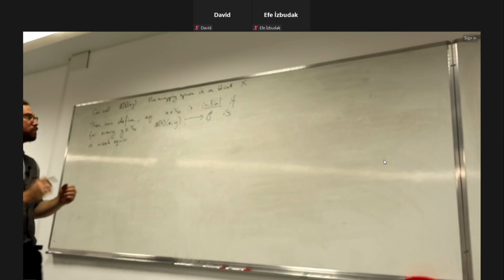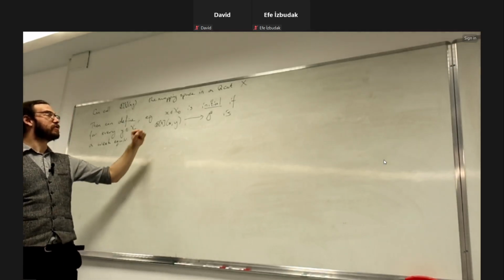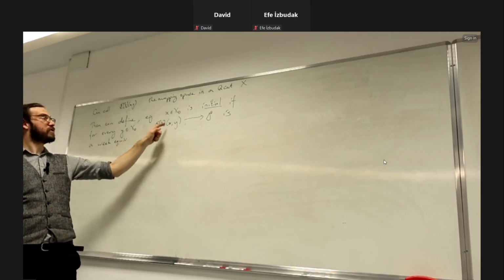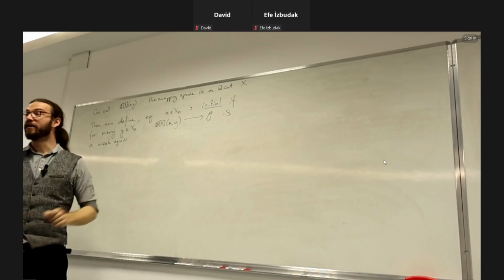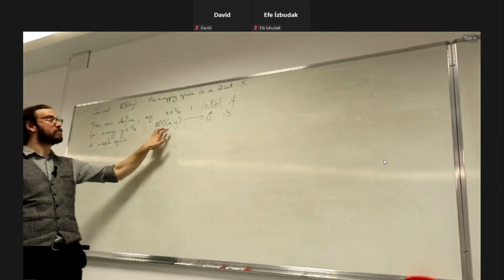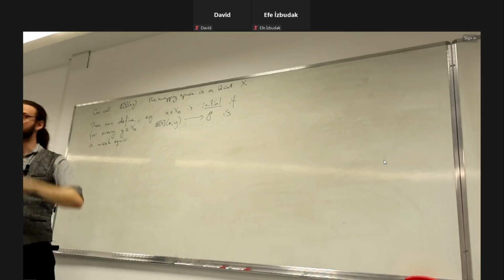So what you want to require instead is unique up to contractible choice. So we're no longer saying there's a unique morphism from x to y. We're saying there's a contractible set of morphisms from x to y. It doesn't have to be unique, but it has to be unique up to contractible choice.